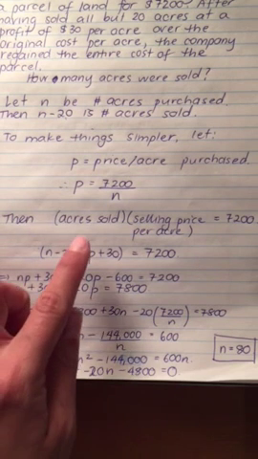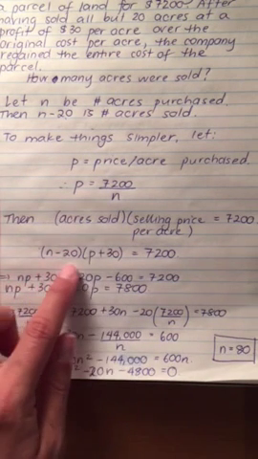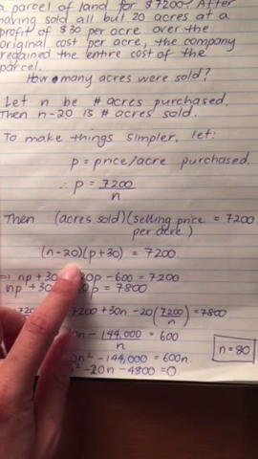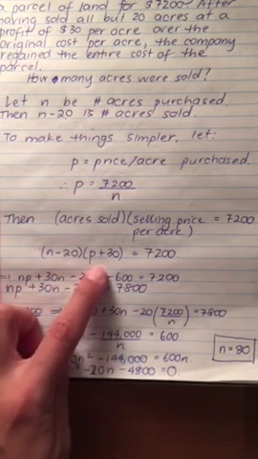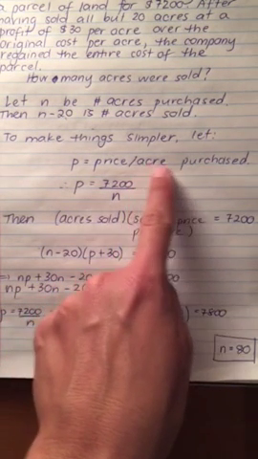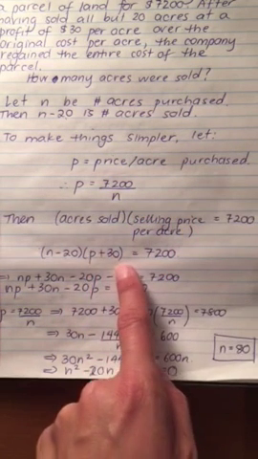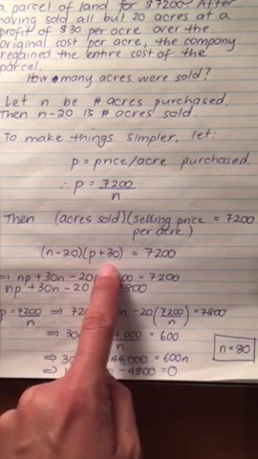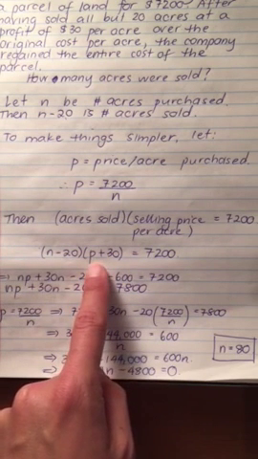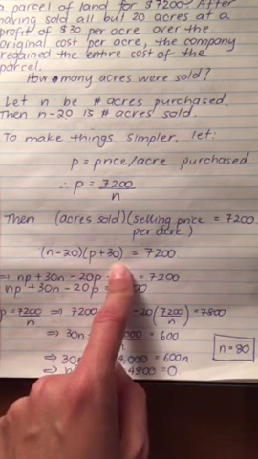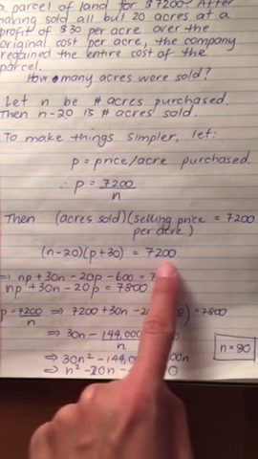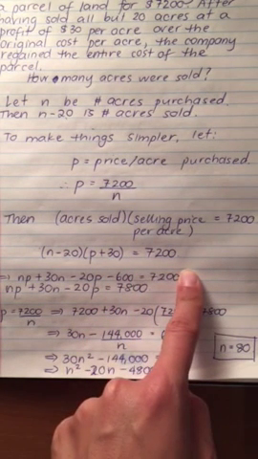So when you're writing that out, the acres sold is n minus 20, and the selling price per acre is the purchase price plus $30 per acre. Think about why P plus 30 is the selling price per acre, and then when you're ready, unpause and continue.